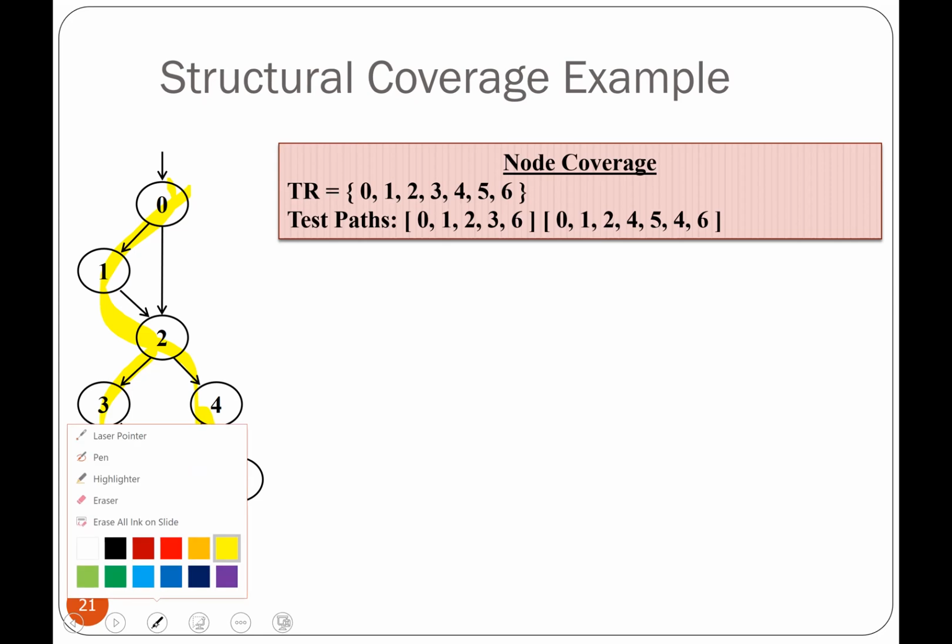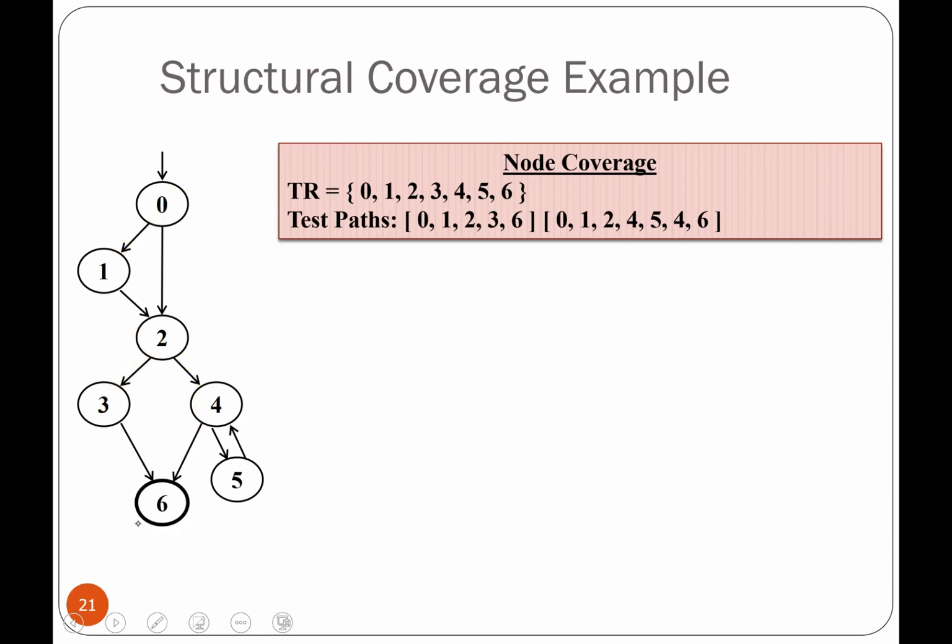Guys at home, how many test requirements do we have for edge coverage? Let me see the participants.